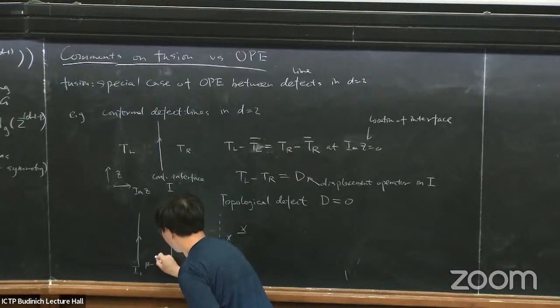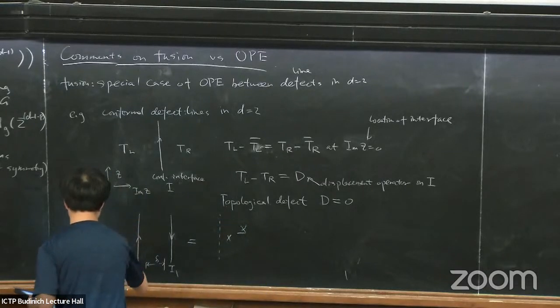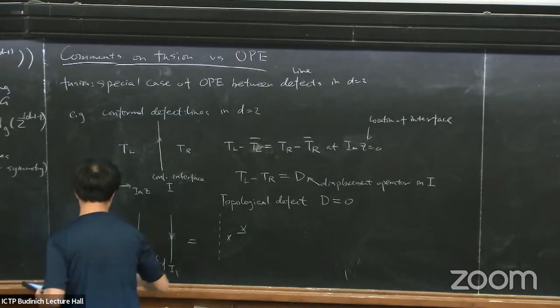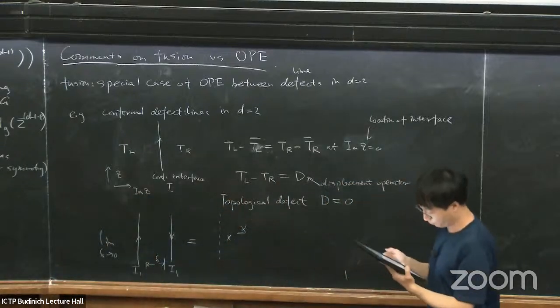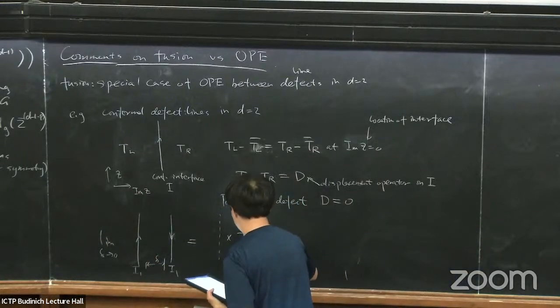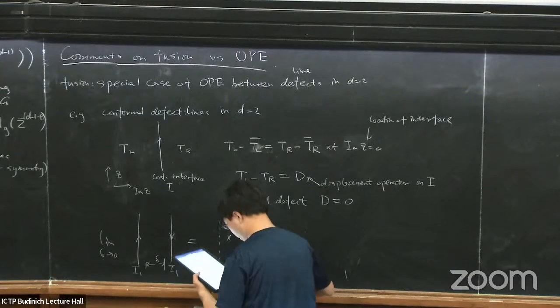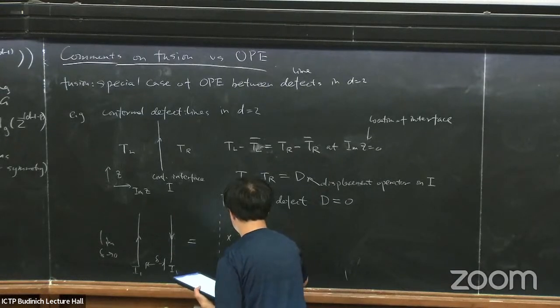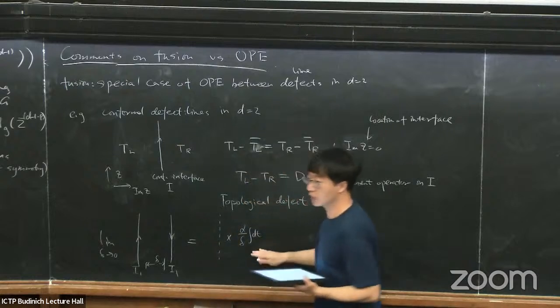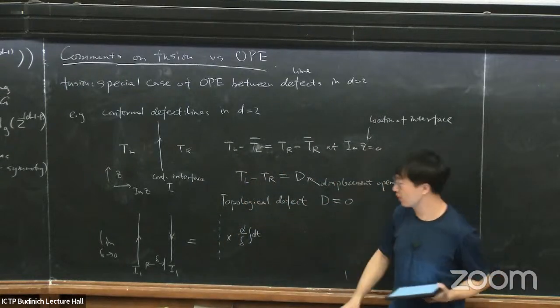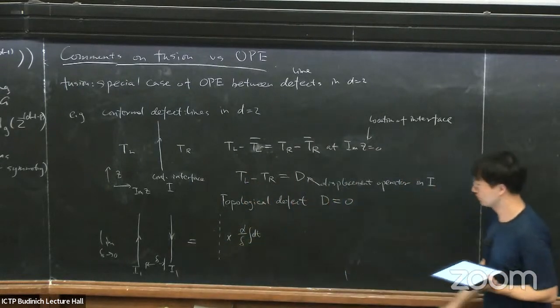So considering OPE corresponds to the limit where you take the two defects close to one another. And you will have this Casimir energy divergence that's proportional to a cosmological constant term integrated over the defect, over the line.